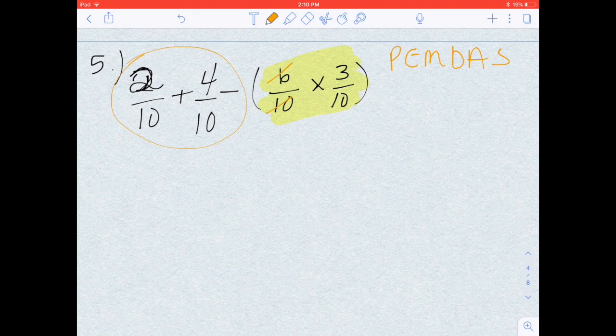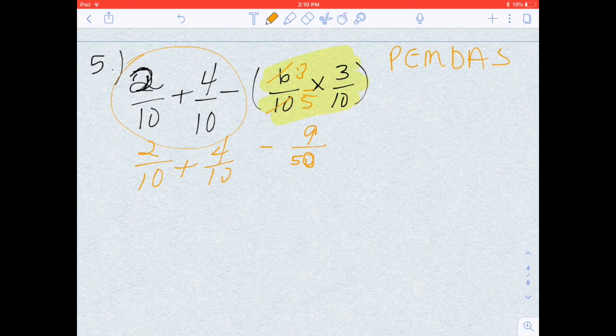So this is going to be, let's see, divide both of them by 2, 3/5. So now I'm going to go ahead and multiply through, and I get 9/50. And then minus this, and then I'm going to go ahead and write everything down here. So just bring everything else down so I don't get confused.